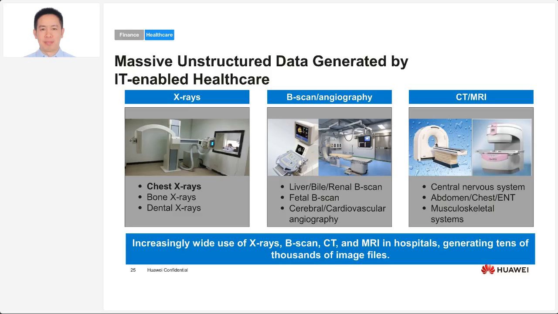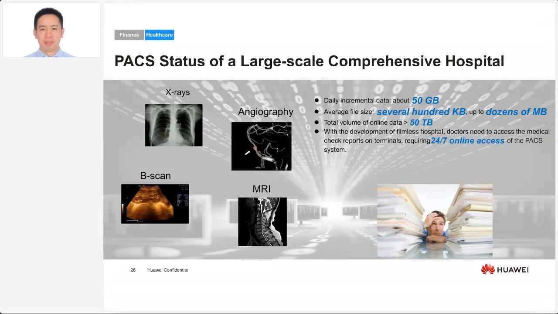That includes data for the liver and bowel, renal ultrasound scans, or frontal scans, and some cerebral and cardiovascular angiography. So at the end of the day, in the end-to-end healthcare system, they have massive numbers of images to save, and require large amounts of storage with high performance to meet the requirements.